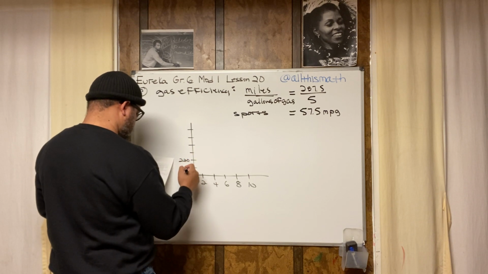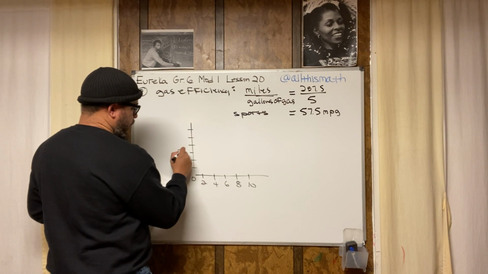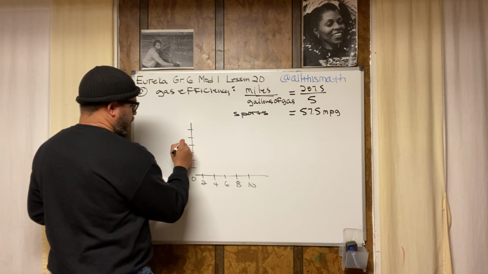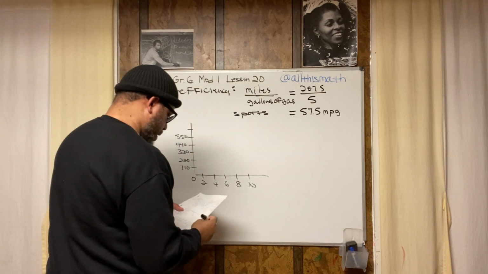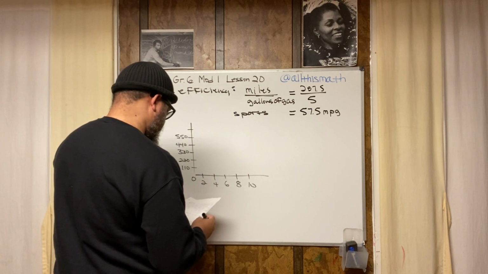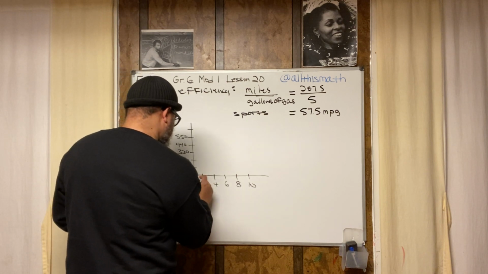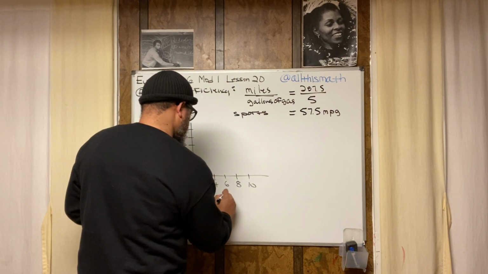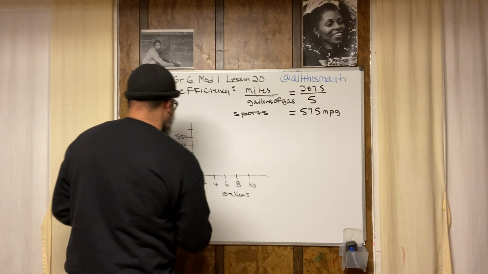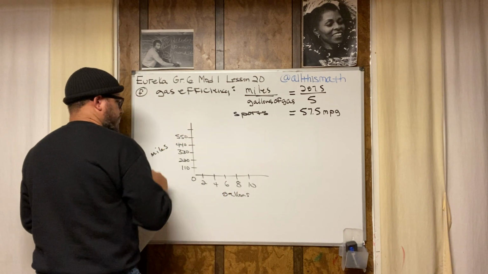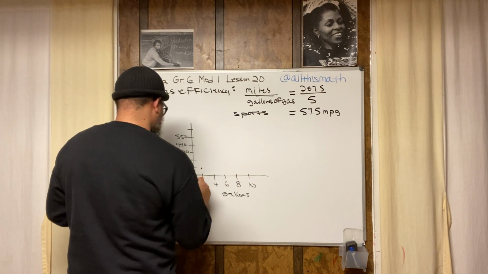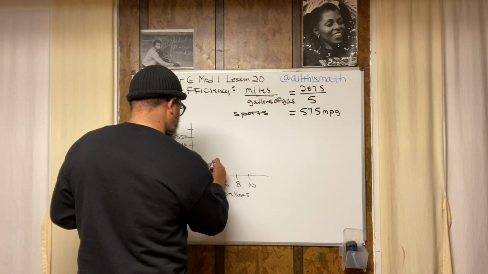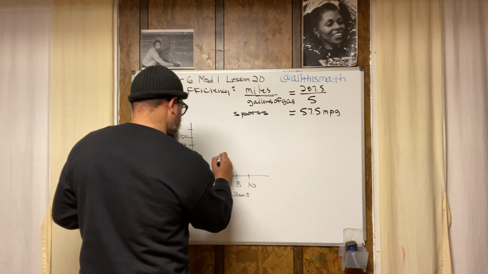Well, actually, no, they go up by 110, 220, then 330, then 440, then 550. You know what I mean? But anyway, according to the graph, this is gallons and this is miles. So 2 gallons of gas for 110, and it consecutively goes up.